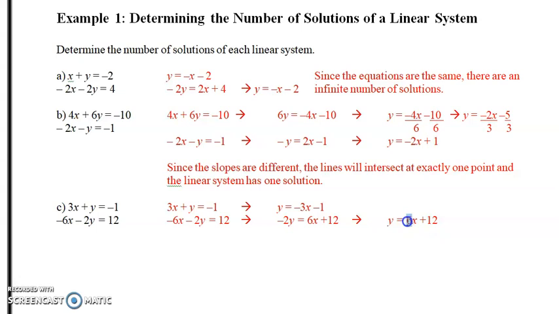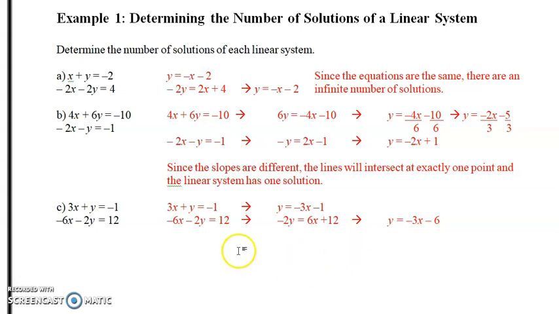We get -3x, and that would give us -6. So in this one, you'll notice that the slopes are equal, but the y-intercepts are different.